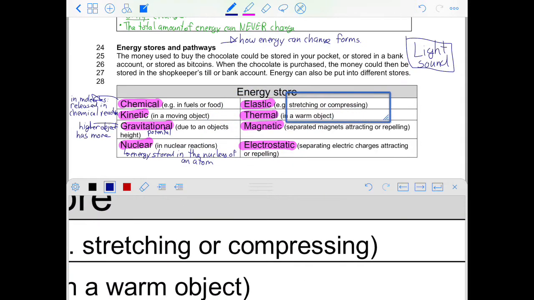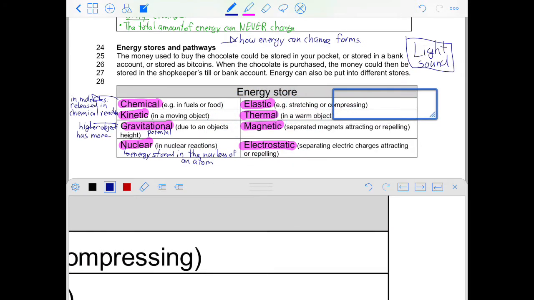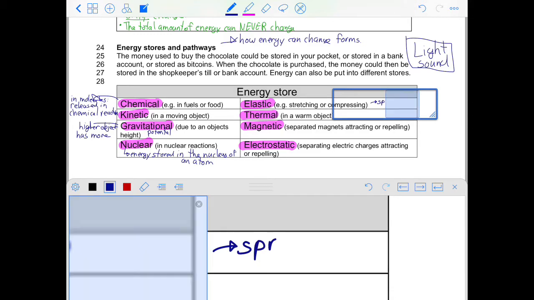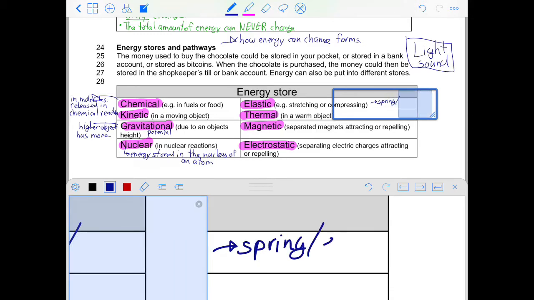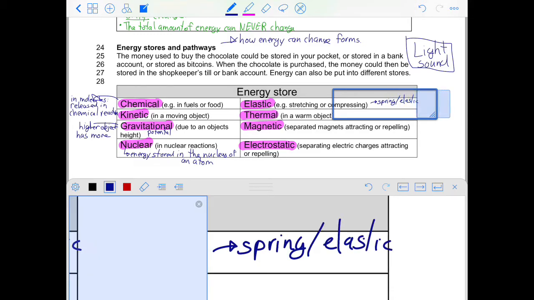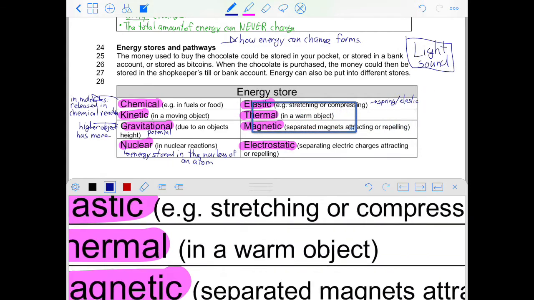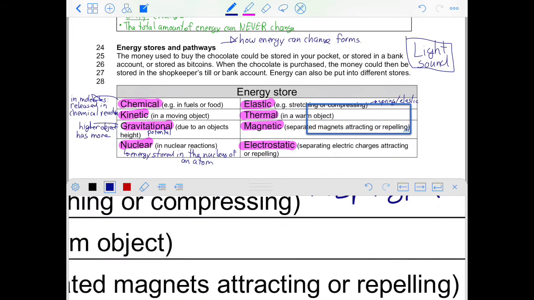Elastic is the stretching or compressing. You stretch or compress an elastic band, and you can store energy in that way. So that's a spring or elastic. And you'll look a lot more closely at elastic energy in year 11. Thermal energy is the energy in a warm object. Your hot cup of tea, you have that energy coming off of it, you can feel it, that's thermal energy.